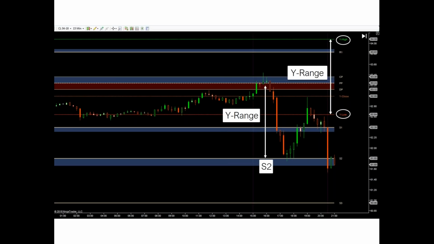The same goes for the second resistance level. We can't see that on this chart, obviously, but that too equals yesterday's entire trading range above the pivot, so it will often be the high of the day. And then we have the first resistance and first support levels also equaling yesterday's trading range.